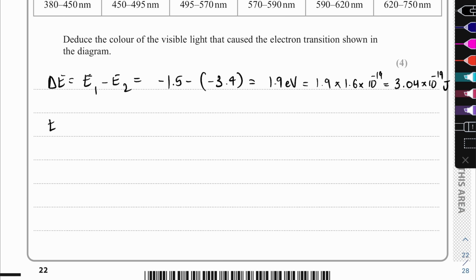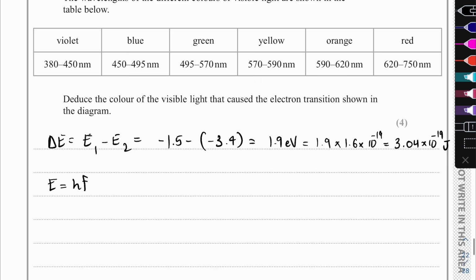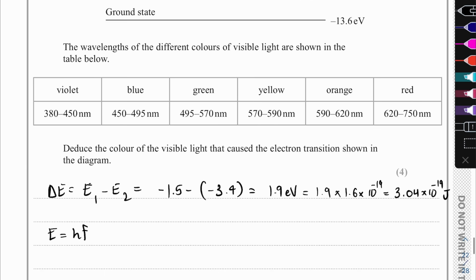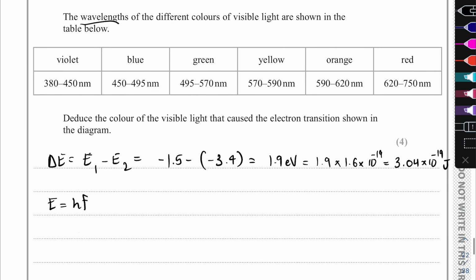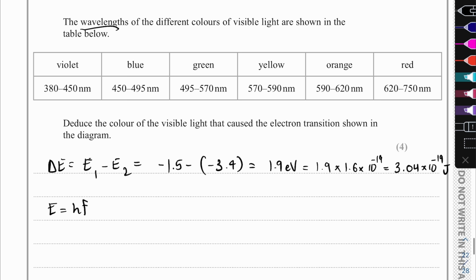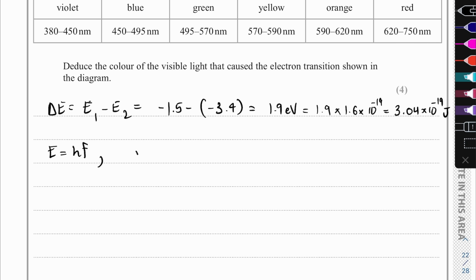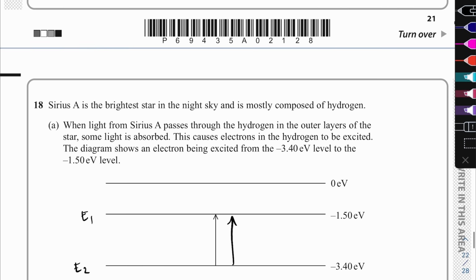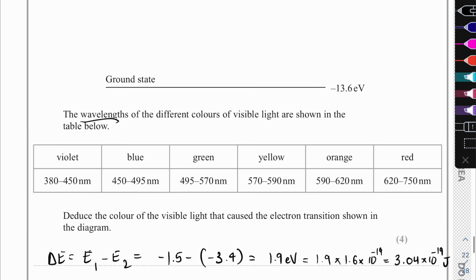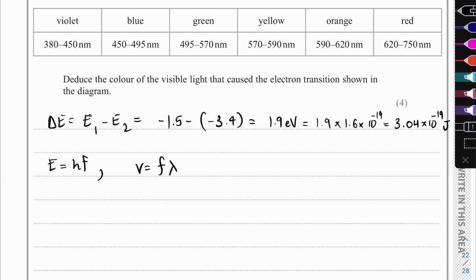Now because we now know E, we can do E equals hf, right? Now, will this help us? Yeah, it will, because we need the wavelength, right? Now we need a formula for wavelength and frequency. The only formula that's available to us is v equals f lambda, and since we are in space, so this will be in a vacuum, so lambda equals v over f or c over f. c is the speed of light, which is 3 times 10 to the power of 8.